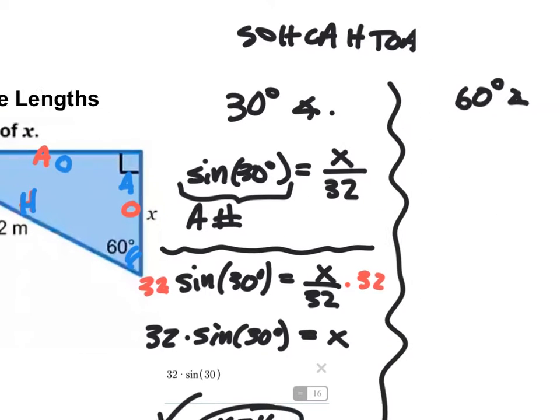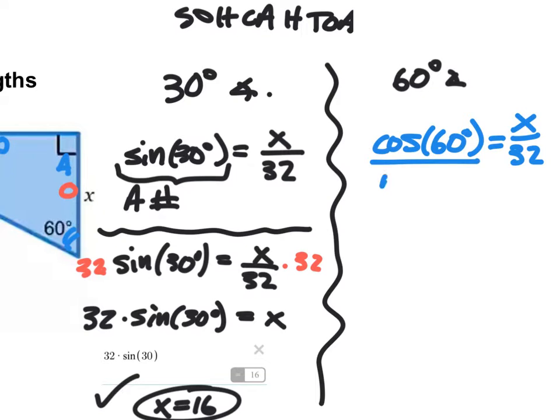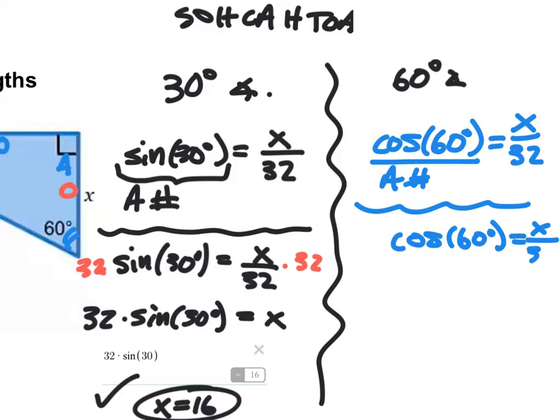So I would write that cosine of 60 degrees equals my adjacent side, which is x, divided by 32. And remember, same thing here: cosine of 60 degrees is a number, so I'm going to operate like it is a number. So I can write cosine of 60 degrees is equal to x over 32.